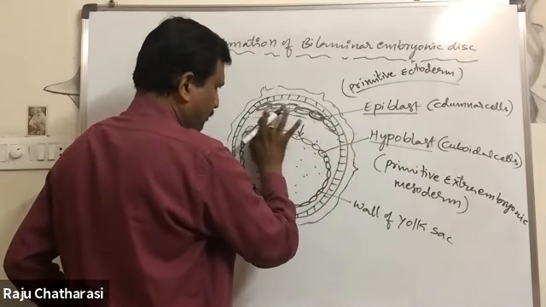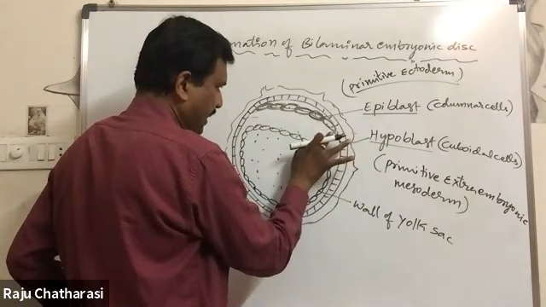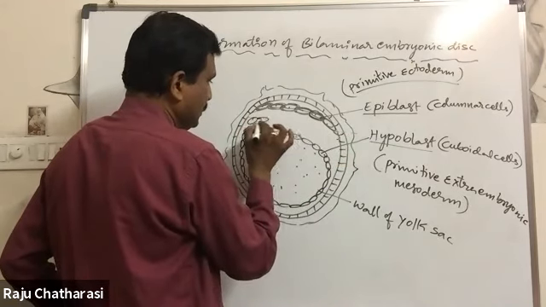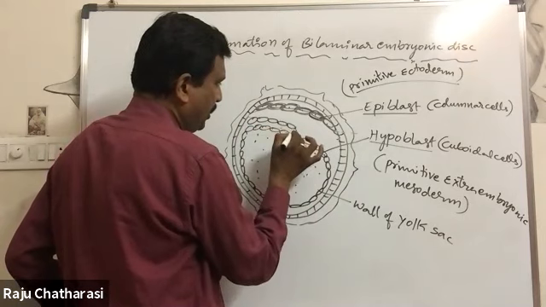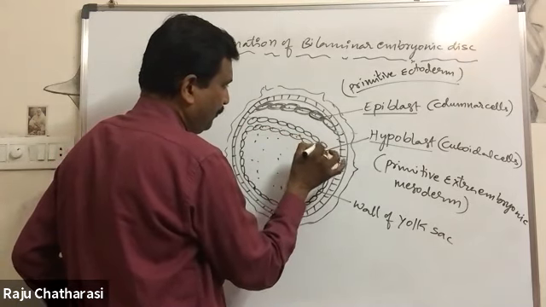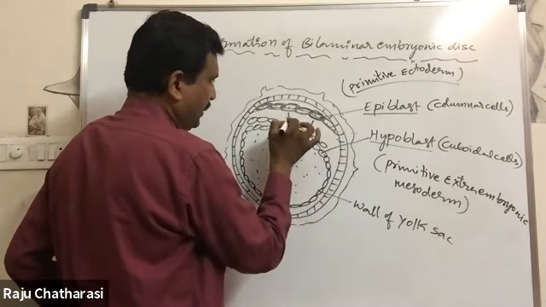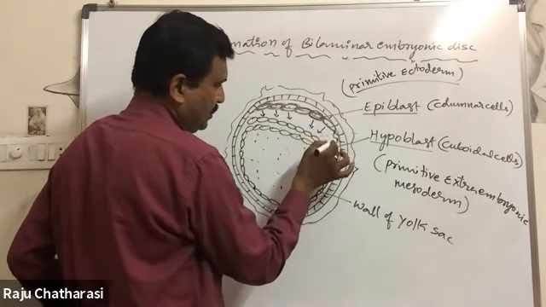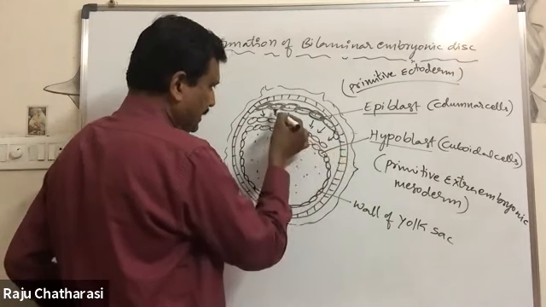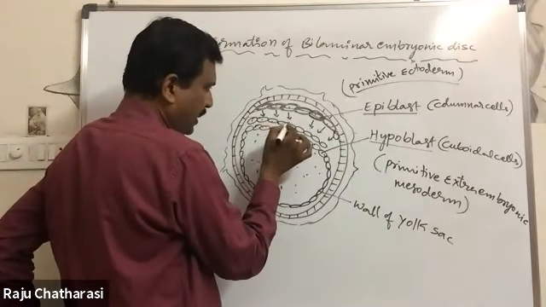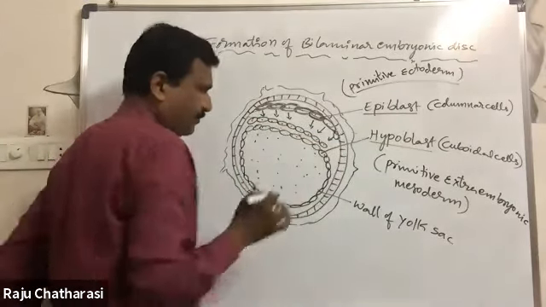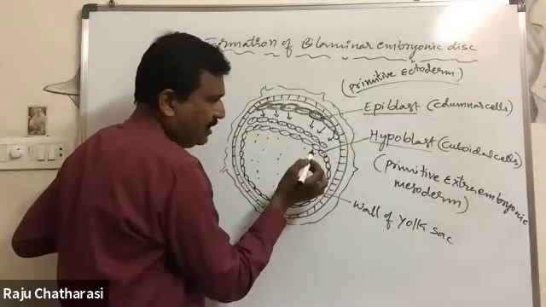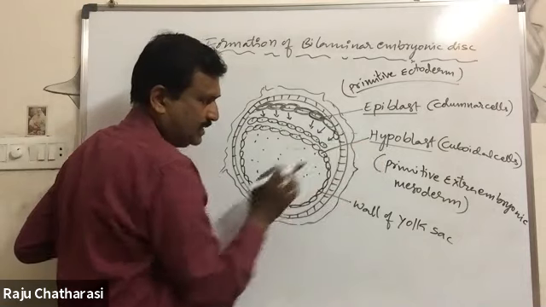Now the place of hypoblast is occupied by some cells which are formed from epiblast. The cells of epiblast continuously undergo divisions. So these cells descend and form a layer, and this layer occupies the place of hypoblast.